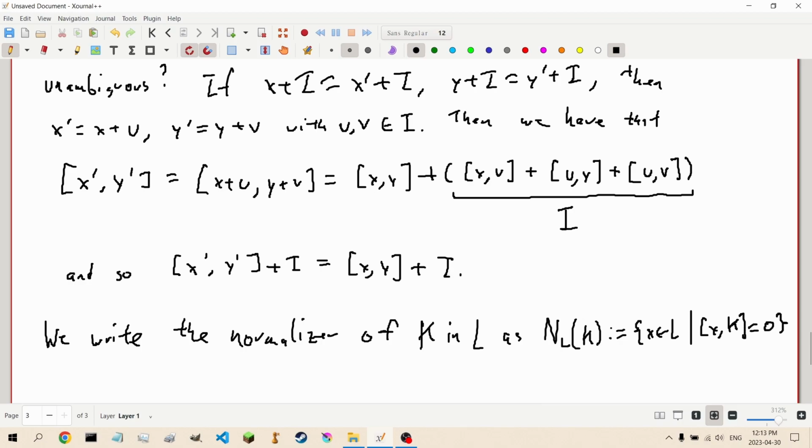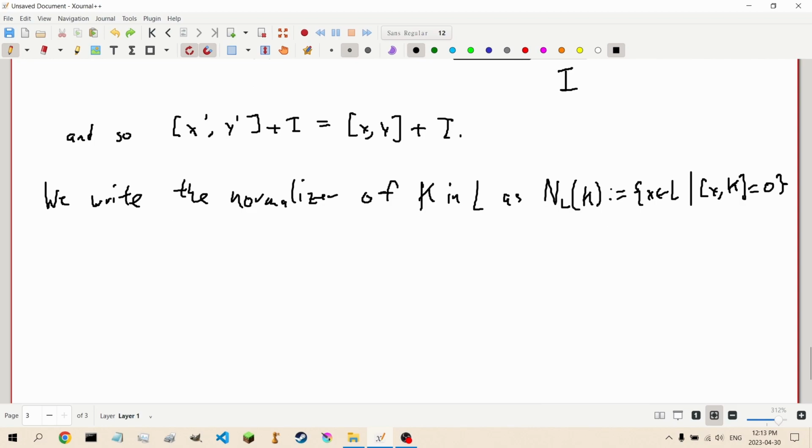I think I wrote this with the adjoint last time. That's alright. And we can define the centralizer, similar construction, as C_L(K), and this can be defined to be equal, oh, okay, sorry, I did make a mistake here.